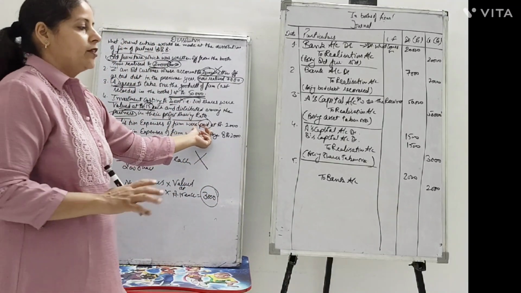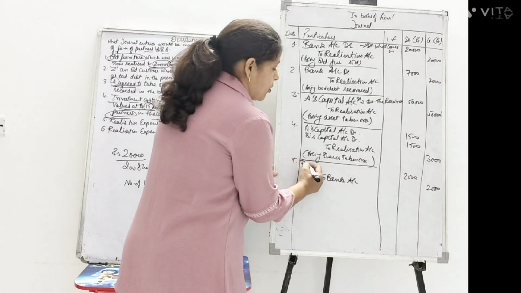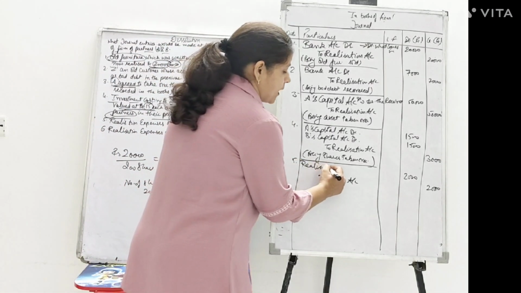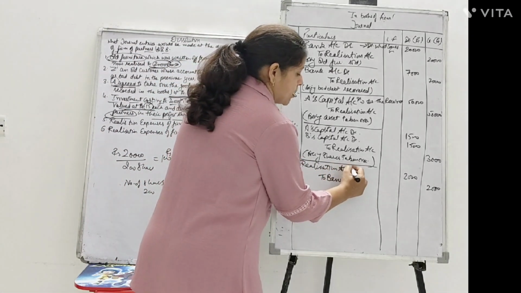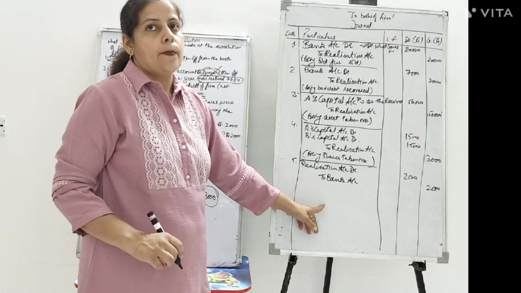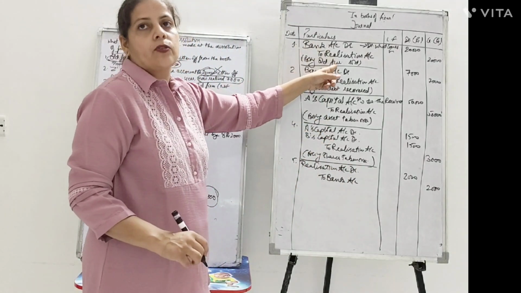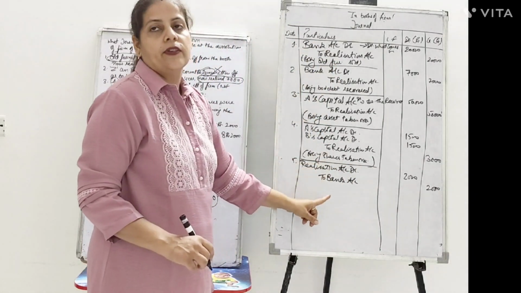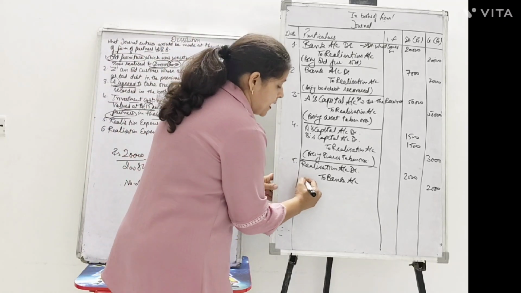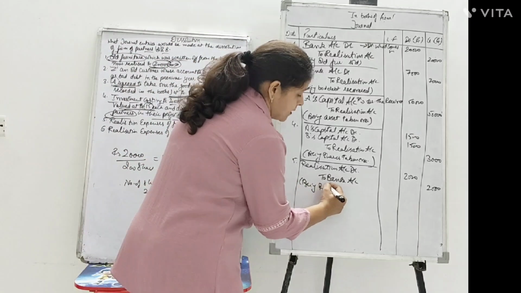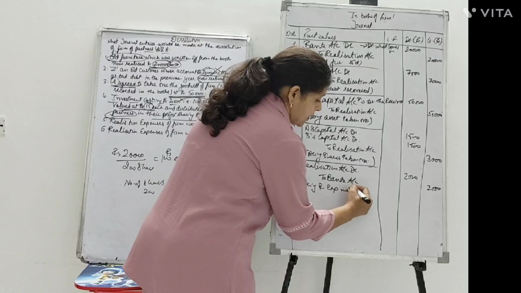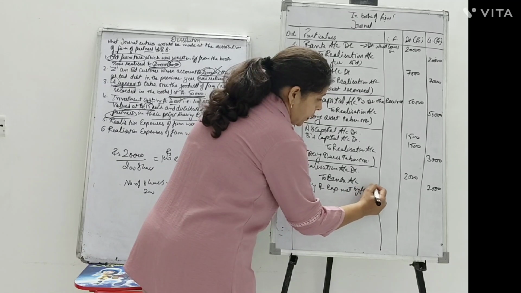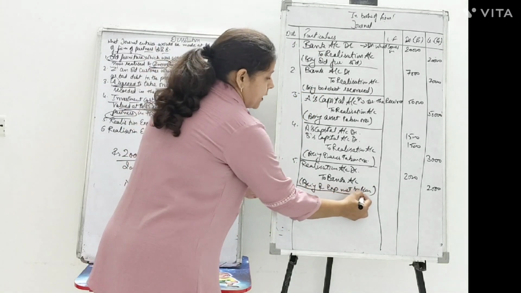Now they are met by the firm itself. So for liabilities payment, which account is debited? Realization account, to bank. Asset realized: bank to realization. Liability paid off: realization to bank. Being realization expenses met by firm is the narration for this point. So point number 5 is also done.